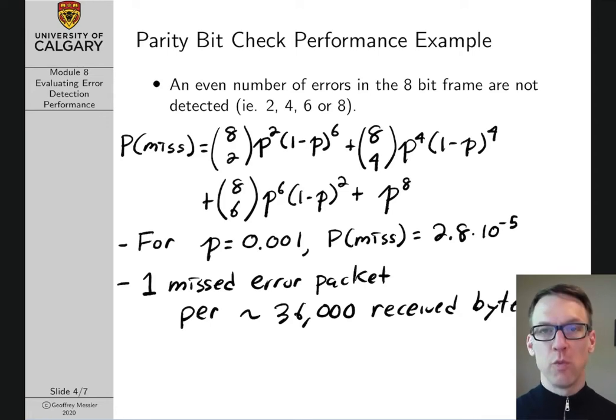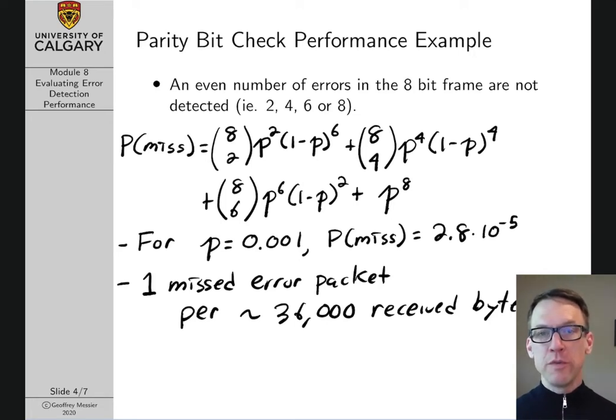And that's basically just 1 over p miss, adjusted for byte size. And so that means roughly every 36,000 bytes we receive, we miss a bad one. And so if you missed an exam question every 36,000 exam questions, no problem, right? You'd be super happy with that. But on the internet, because we send so many bytes, this is terrible performance.